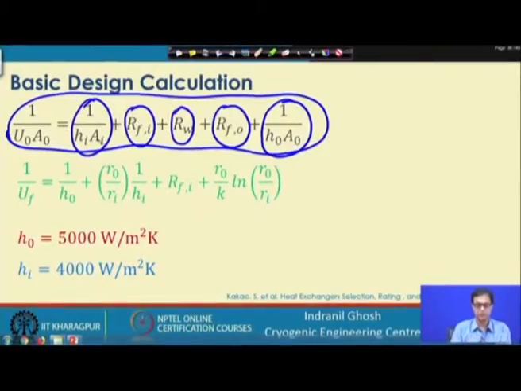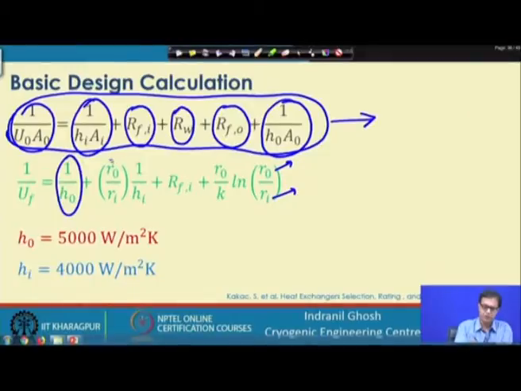and this is the overall heat transfer coefficient, the inverse of the overall heat transfer coefficient. This is 1 by U0 A0. So, this is what we get in general, and for this specific case, where we have R0 and Ri as the radius of the two tubes, we have 1 by h0, then we have R0 by Ri.